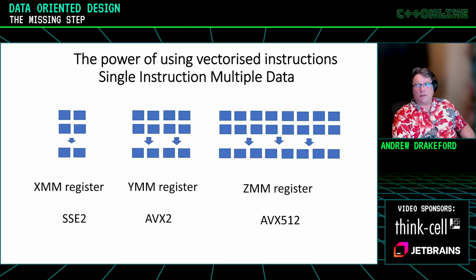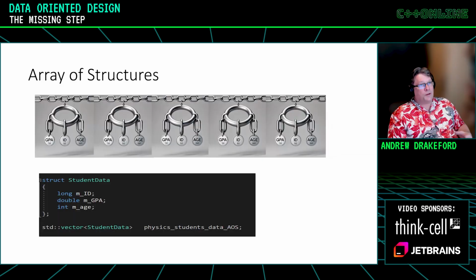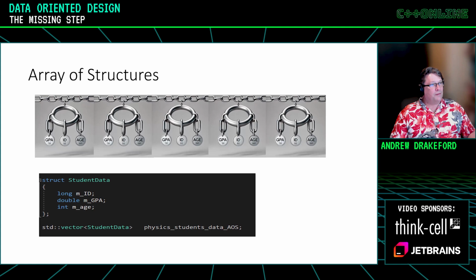But it isn't quite so simple. You don't necessarily just press a button on the compiler, and it works. Sometimes you have to work hard to put your data in structures where this can be encouraged. Consider, for example, this physical representation of student information with my little brass rings, or a struct below it: long ID, GPA, age.